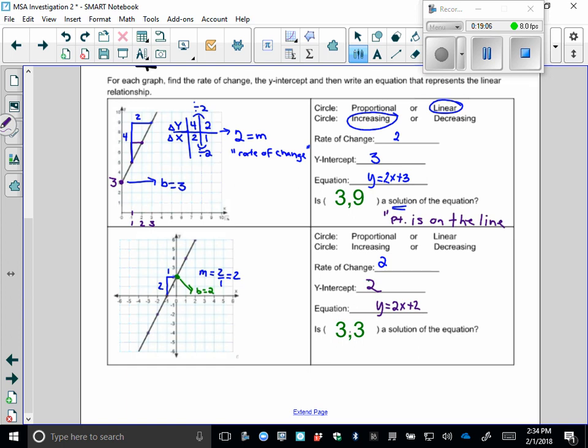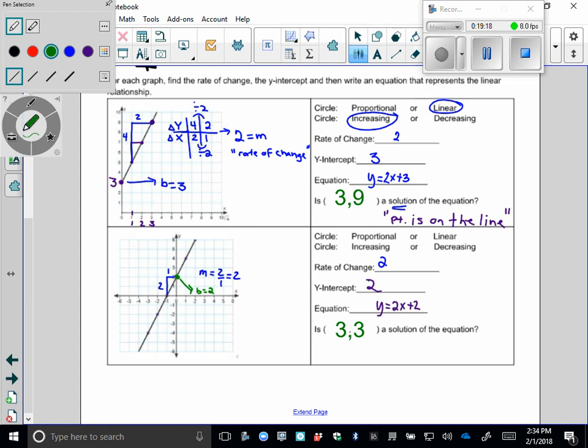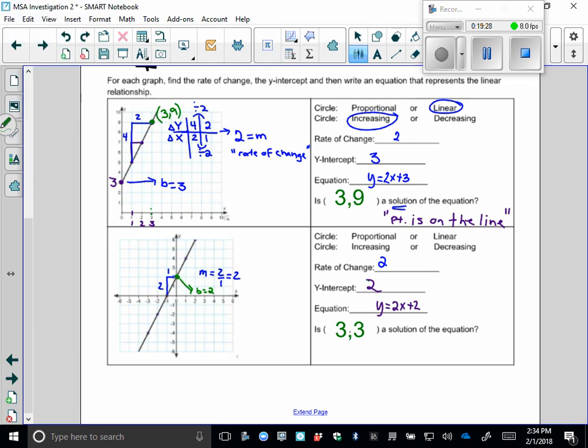So is the point 3,9 on the line? Go to this picture over here and go over 3 and then project up. Is that the point 3,9? Yes. So it is a solution.